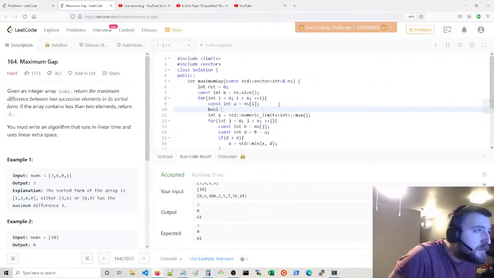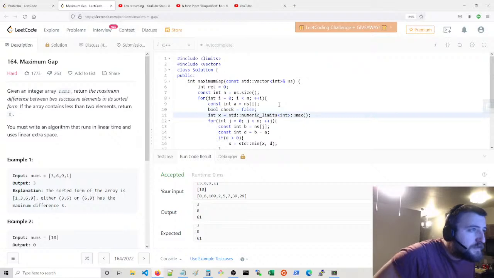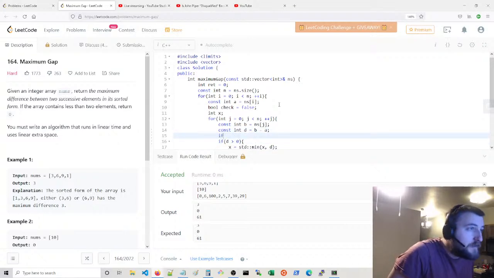Bool has set, or I don't know, just check equals false. And we'll say if d is greater than 0, so we can do something like this. We do if not check.